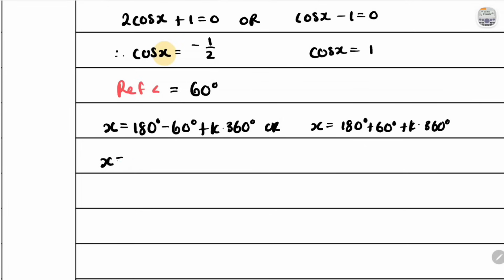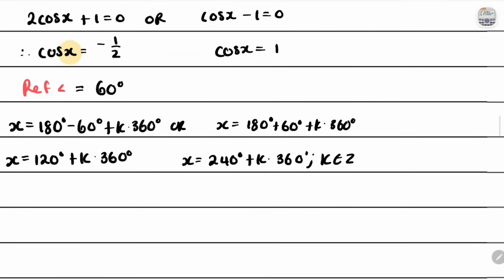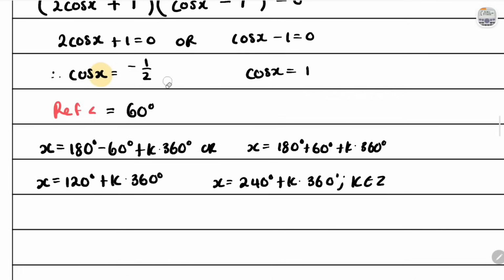So x is therefore equal to, that is just going to be 120 degrees plus k of 360 degrees, or x is equal to 240 degrees plus k 360 degrees. And of course, this is where k is an element of integers. And that solves for this first equation.